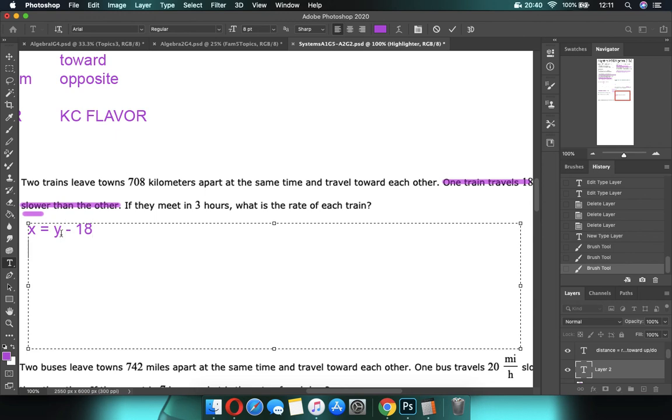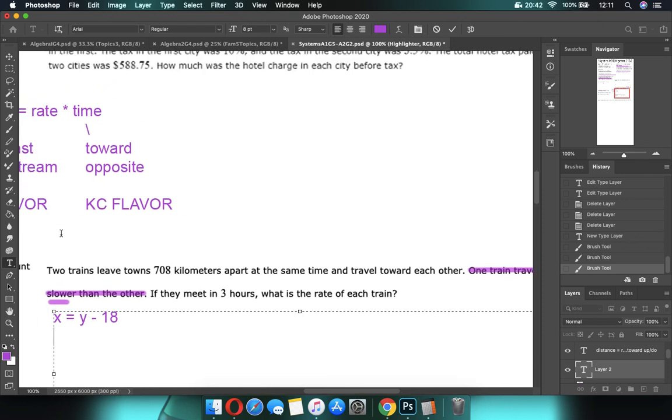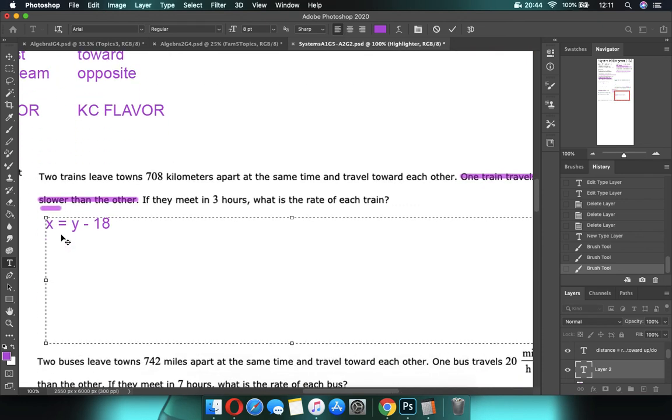Next, we're going to be finding our big things. Since it's distance equals rate times time, the question you're always asking is, what's our distance? 708. Okay. What's our time? 3 hours. And the rate, we actually know. We have the x and we have the y. That's your setup. From here, it's substitution.